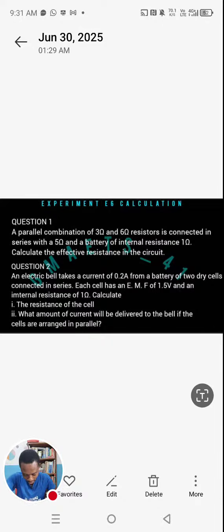When cells are in parallel, this is a battery. For cells to be in parallel, they will be arranged like this. They have a wire connected from here to this point, and another wire connected from here to this point. When they are connected in parallel, you know how to get the total resistance, the effective resistance.